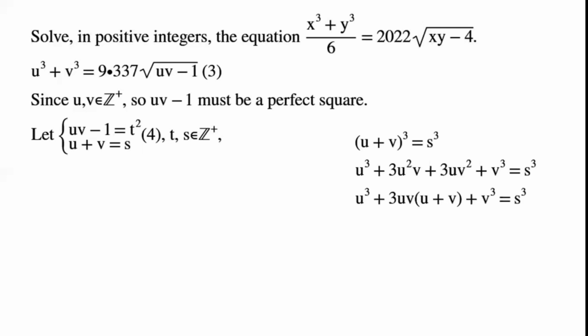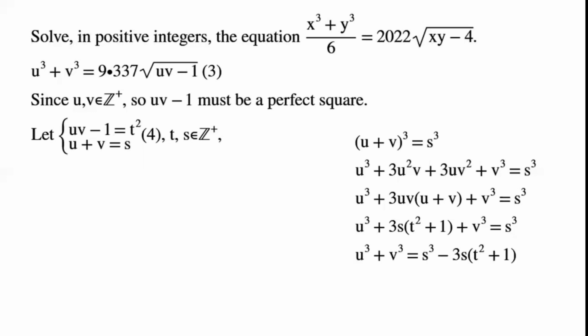By factorizing 3u squared v plus 3uv squared, we have 3uv times (u plus v). By writing 3uv times (u plus v) in terms of s and t, we can now write 3s times (t squared plus 1).